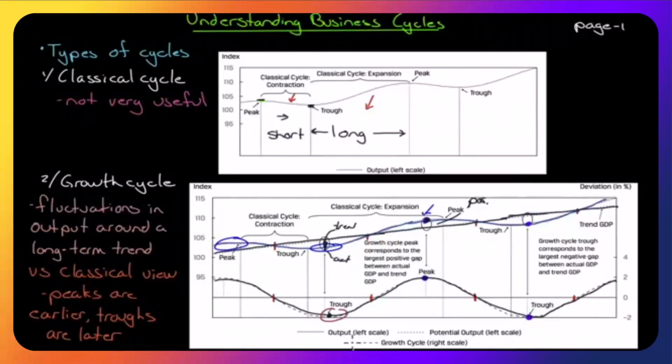Troughs in this definition happen later than in the classical view, and peaks in this definition happen sooner than peaks in the classical view. So when we define growth cycles, this is fluctuations in output around a long-term trend versus the classical view. Peaks are earlier, troughs are later.